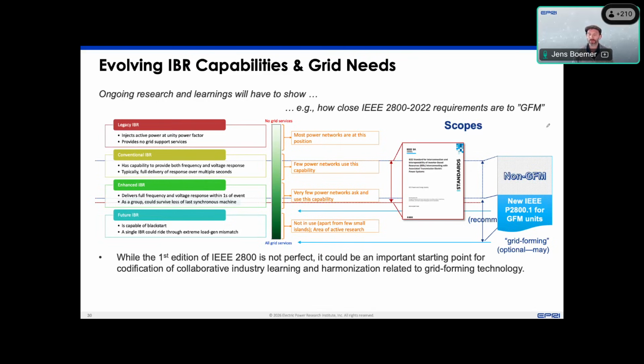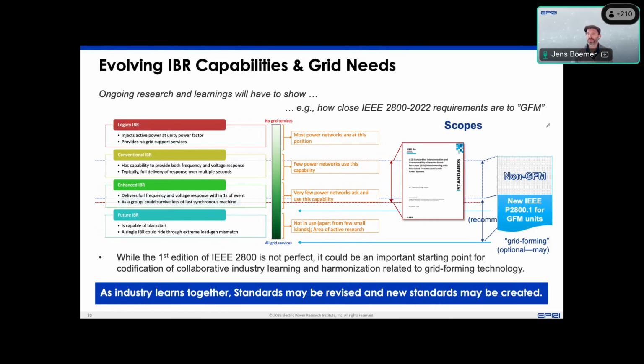So individual inverter functions, for example, given that the autonomous response required for grid forming behavior occurs at a very short time scale, and any communication delays may jeopardize being able to meet such requirement. So as a first step, it's all about making sure the inverter units become more capable of providing grid forming. And as we learn together, we do expect the standards to continue to be revised.